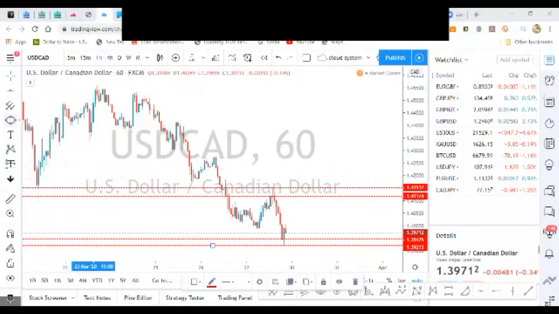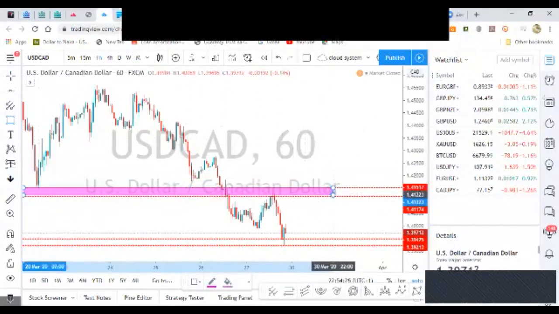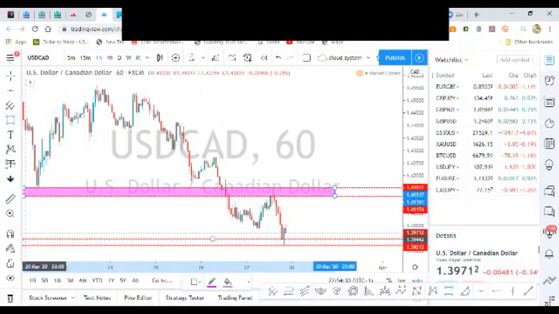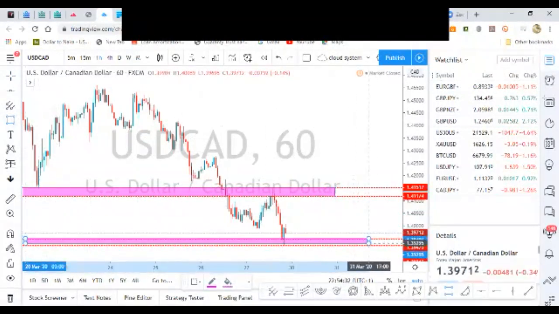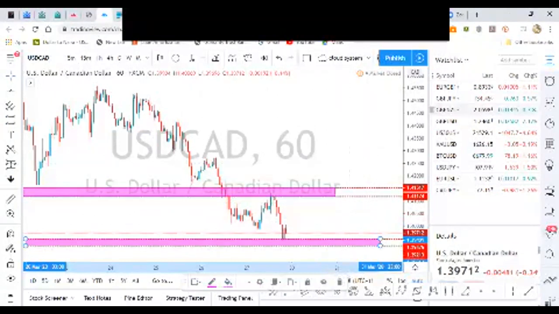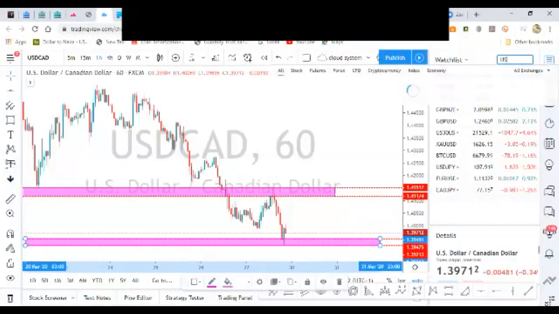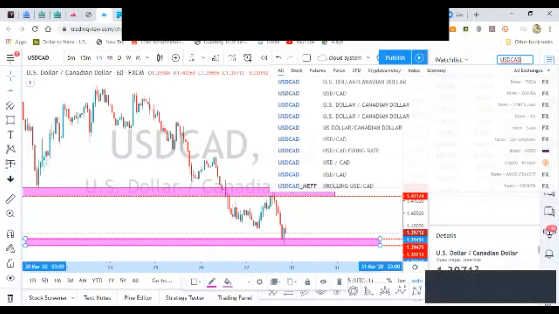Guess what? I mark up. After I've done this, because I know price needs to break and retest, I put it on my watch list here. USDCAD.